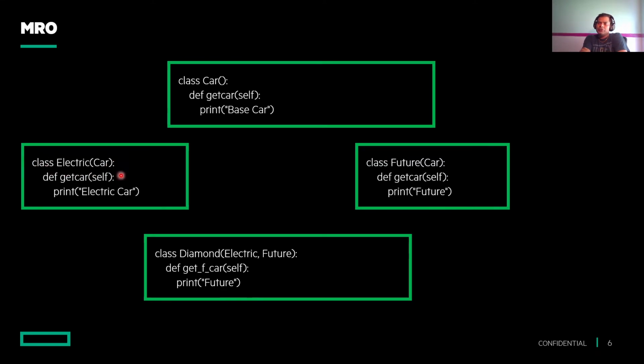By writing this first line, we are saying that all the features whatever car has, electric has access to that. Same thing goes for future. So in this example, electric is accessing everything from the car. Future is also inheriting everything from the car. But at the bottom, diamond is inheriting from both electric and future. I know maybe it looks a little confusing for now, but just hang on. I will take some live examples and you'll be able to understand it better.